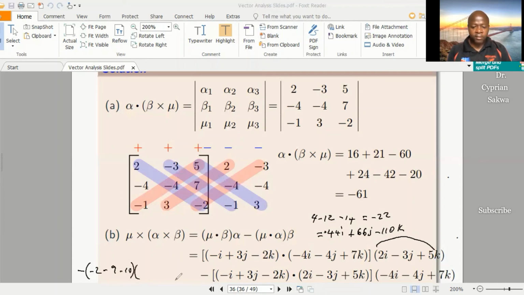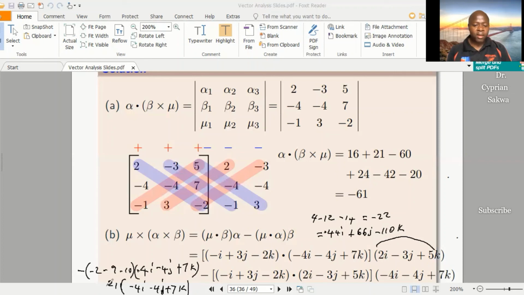And then we have this vector, negative 4i, 4j, and plus 7k. What is in this bracket? This is negative 21, because it is 2, 9 and 10, which makes negative 21. With this minus, it becomes positive 21. So positive 21 times negative 4i, negative 4j, and plus 7k.